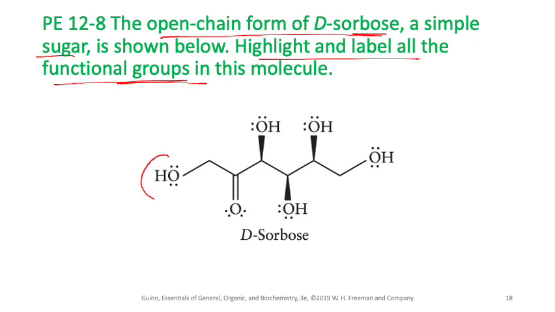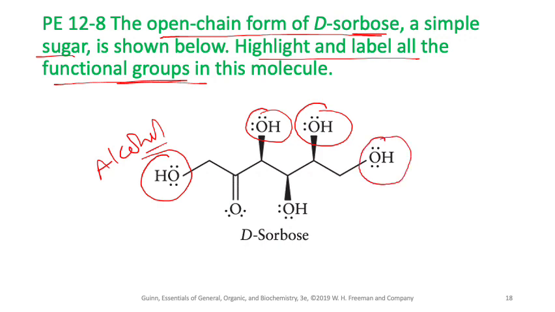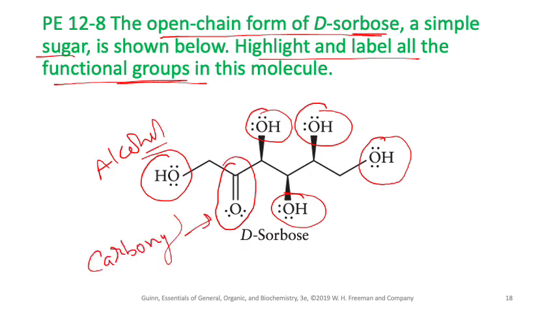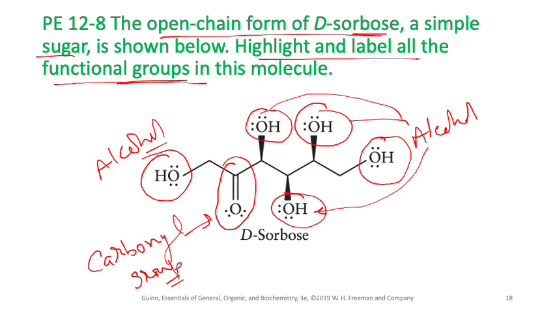The time I see OH, this is an alcohol, alcohol, alcohol, alcohol. But the time I see this, this is a carbonyl group. So we have two types of groups, alcohol groups and a carbonyl group.